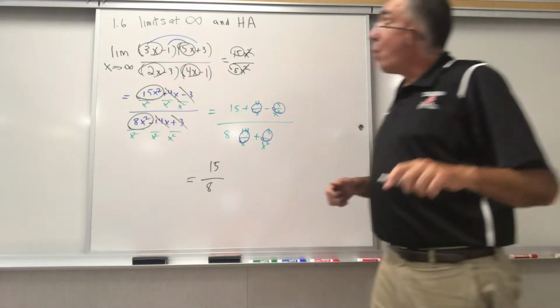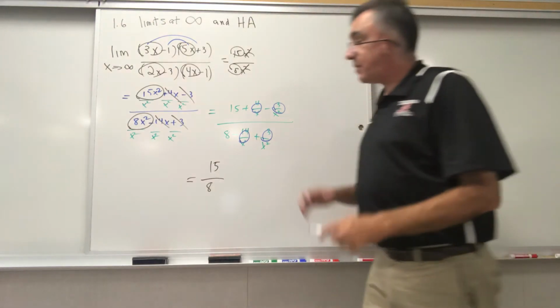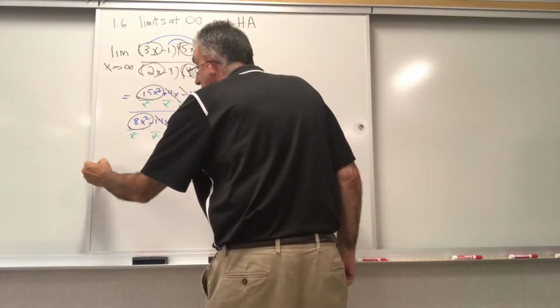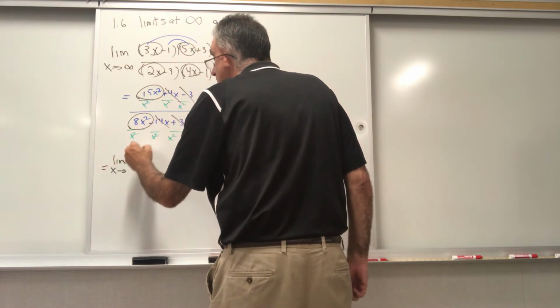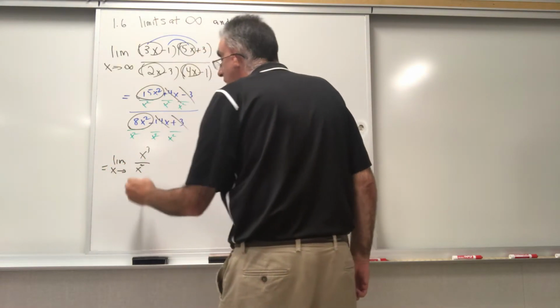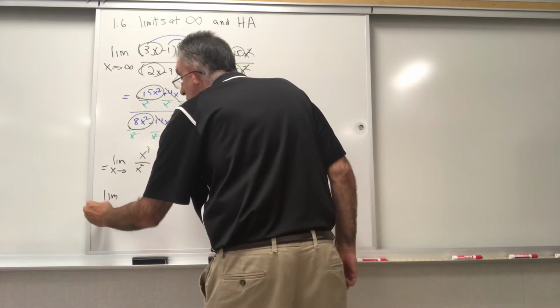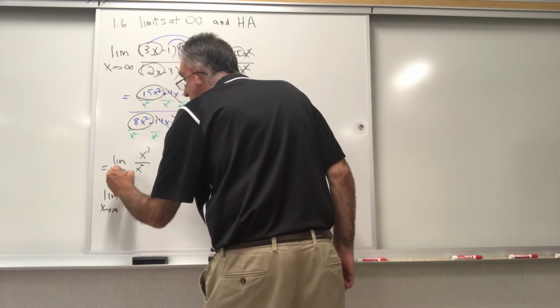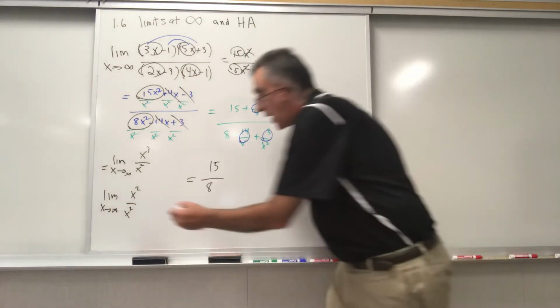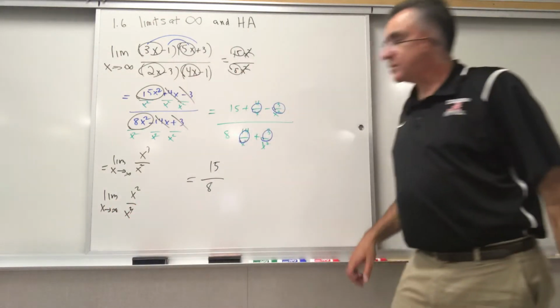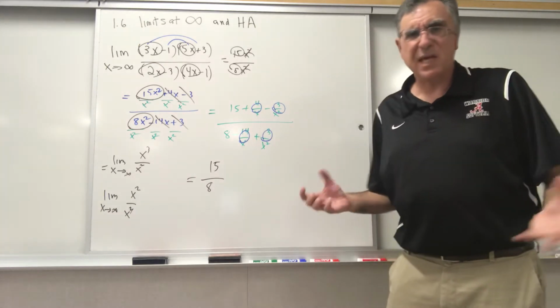Now, what if, hypothetically, and we're going to talk more about this in a minute, the power was higher on the top than the bottom, or higher on the bottom? I'm going to oversimplify this for infinity, using the simplest case you can come up with.